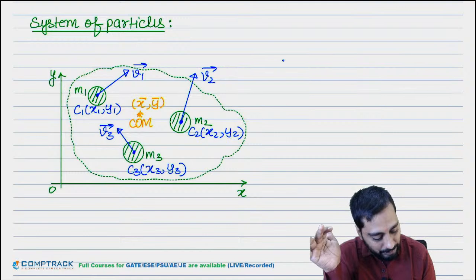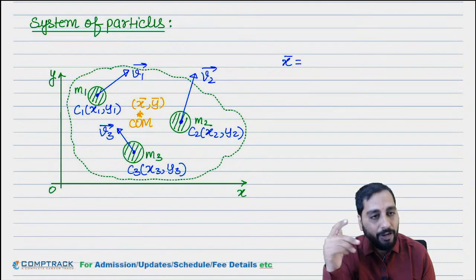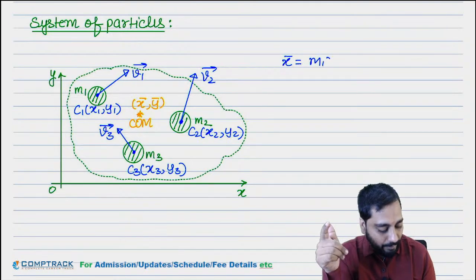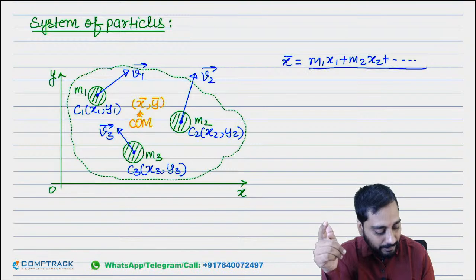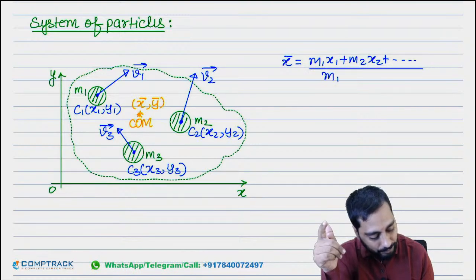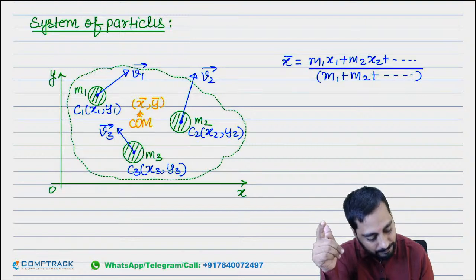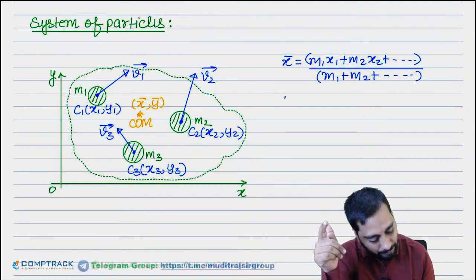First you will write x bar. x bar will be m1 x1 plus m2 x2 and so on, adding all the masses, upon m1 plus m2 and so on, adding all the masses. So you will find the value of x bar.